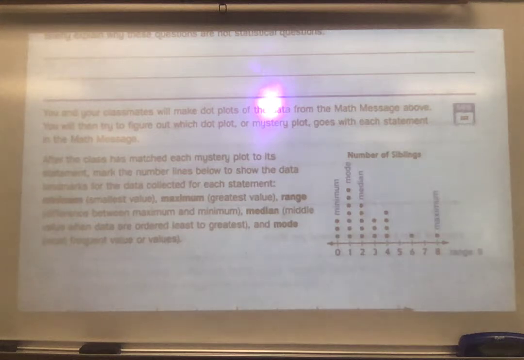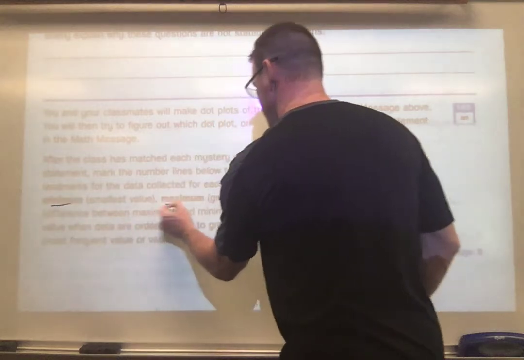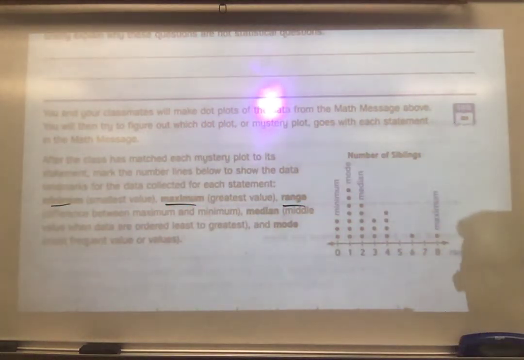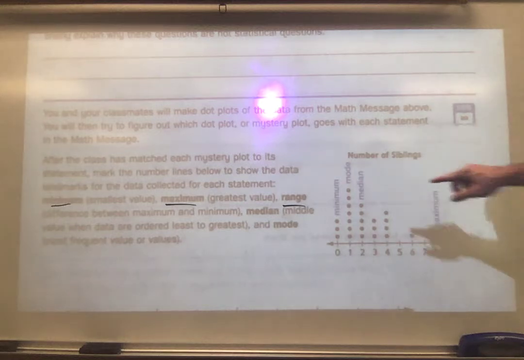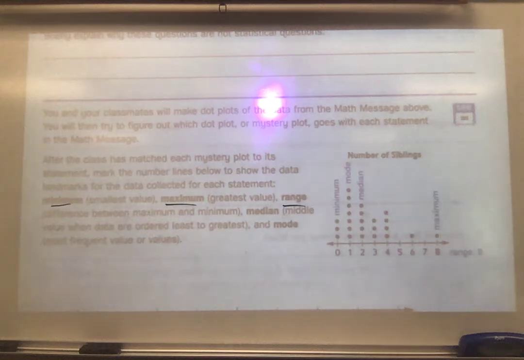So we're going to introduce some terms, and we're going to really focus in this video on the minimum, the maximum, and the range. Okay, so those are the 3 we're going to start out with. The minimum, you can see we have labeled here. Some people have 0. The minimum means the least or the lowest, and in this case 3 kids had 0 siblings.